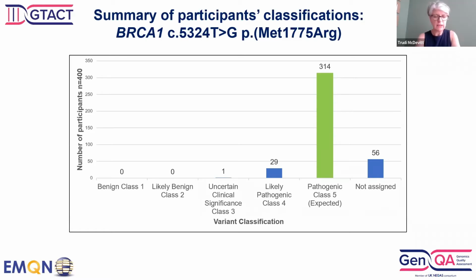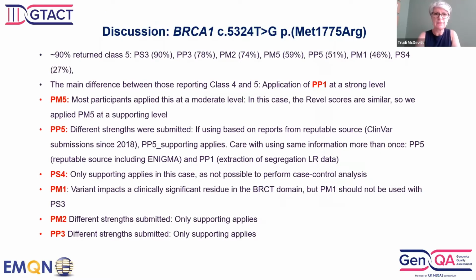We did notice though in the class 3 participants that there were a significant number that actually classified the variant as class 5, but when you look at the evidence, there wasn't quite enough to get it to class 5 and there should have been a class 4. And also for some of the class 5s, only class 5 was entered without accompanying evidence, potentially based on the Enigma classification.